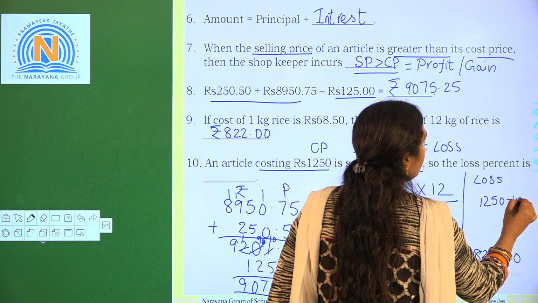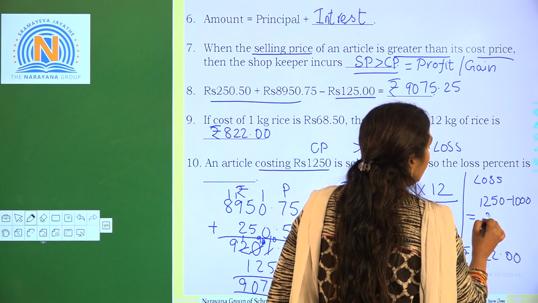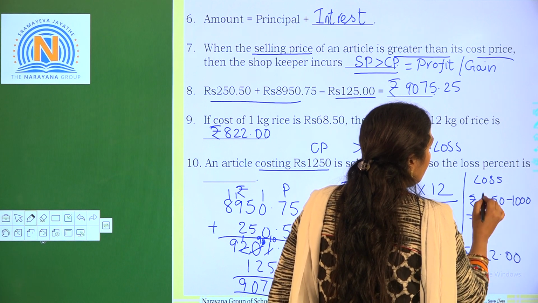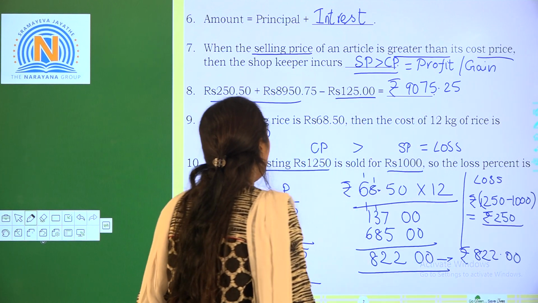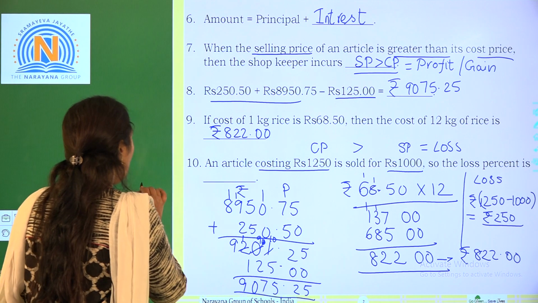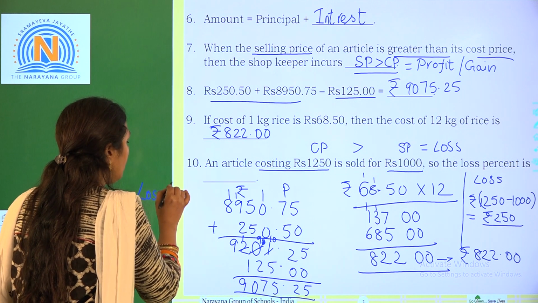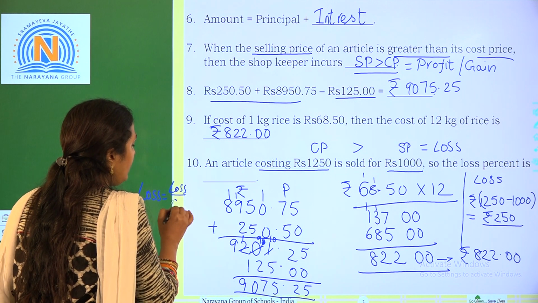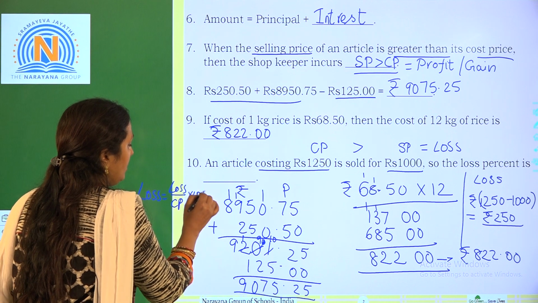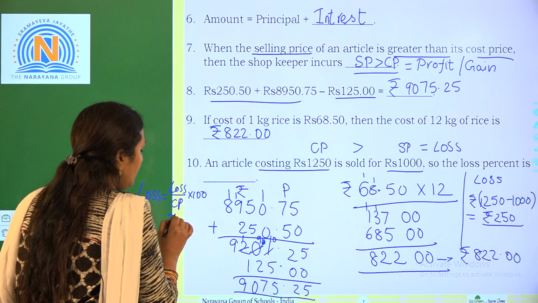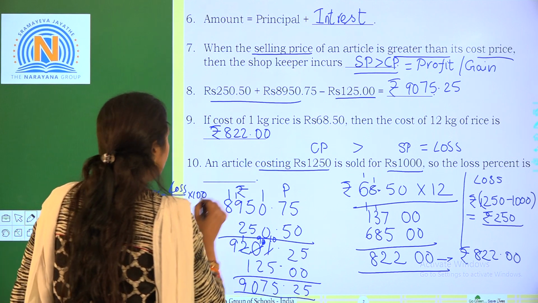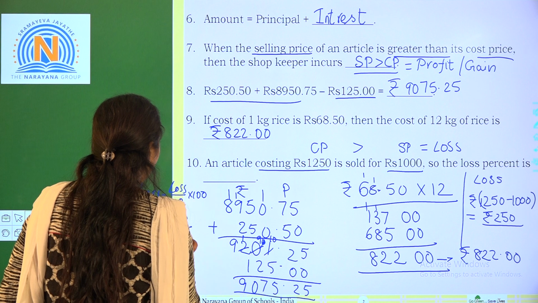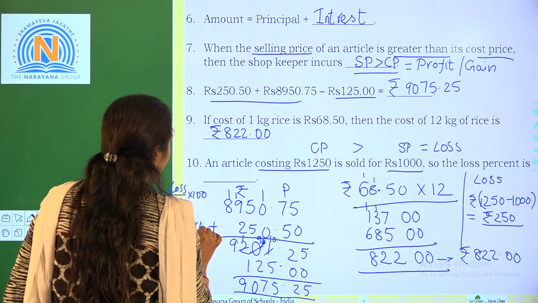1250 minus 1000 gives 250 rupees. Now how to find the loss percentage, children? Loss percentage equals loss by CP into 100. So loss is 250 by CP 1250 into 100.